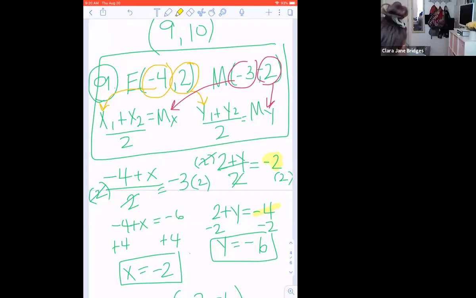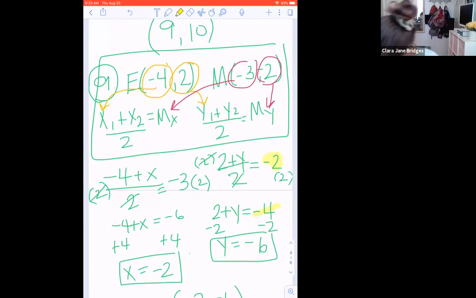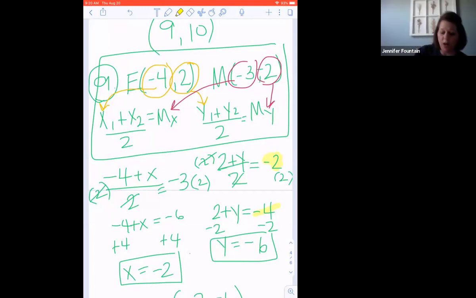I'm not really sure. I'm trying to figure out what it is. Okay, well, I just wanted to make sure, because in your problem, for E, we had -4, 2, and for M was -3, -2. So it must have been just something where you saw something from somewhere else and you wrote that figure in. So we just are going to look at what that y value is for the midpoint, and that's the number that needs to plug in.